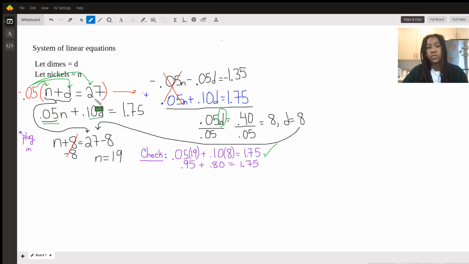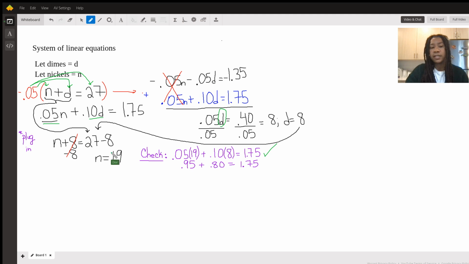Again, that relates to the sum of the coins themselves having to equal 27. So if we found D, we just plug that in. Now we have N plus 8 equals 27. You subtract 8 from both sides, and you're left with N equals 19. So there's 19 nickels and 8 dimes.